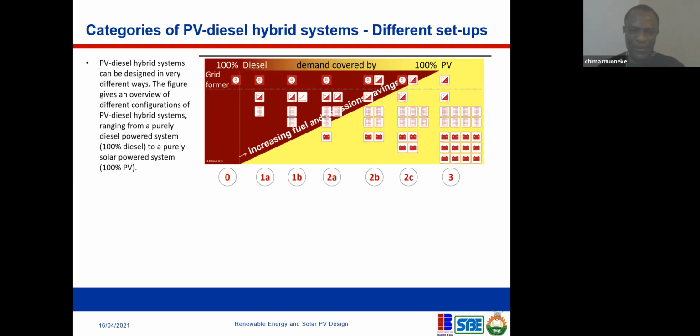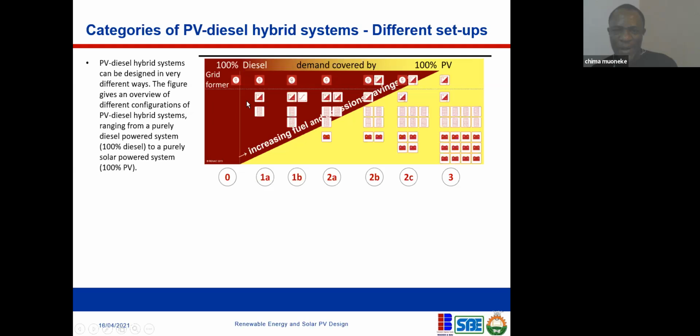The figure that you're looking at gives an overview of different configurations of PV diesel hybrid systems, ranging from a purely diesel powered system, 100% diesel, to a purely solar powered system. So look at the transition. At this point, you have 100% diesel, so all your load is powered by diesel.